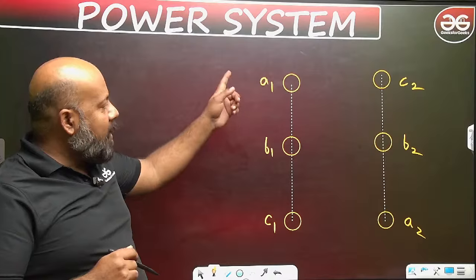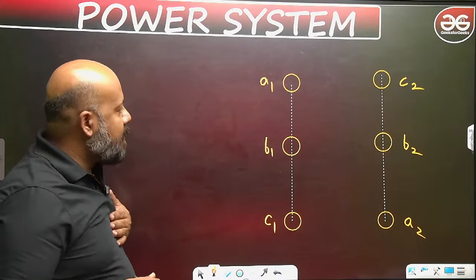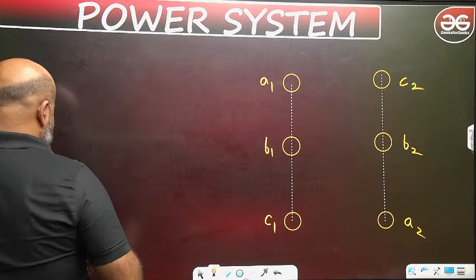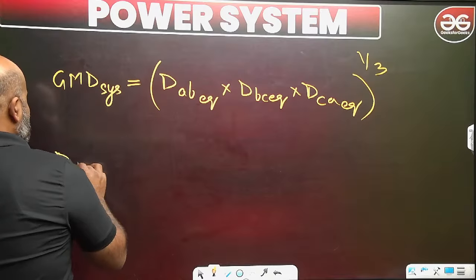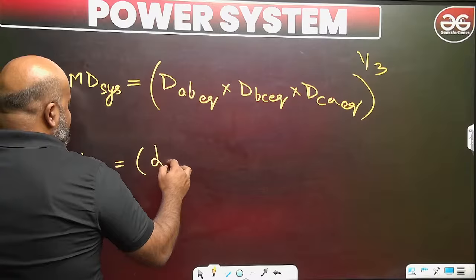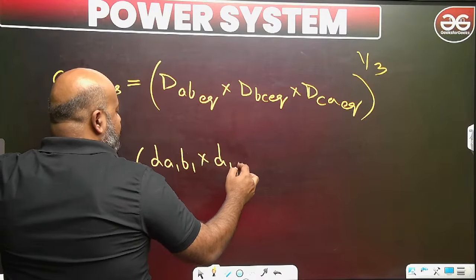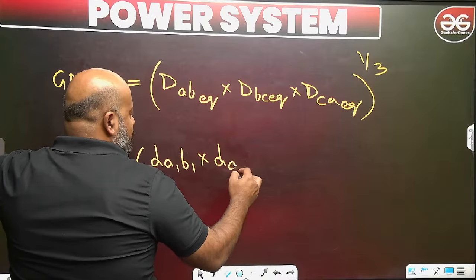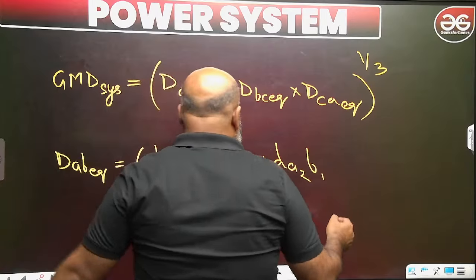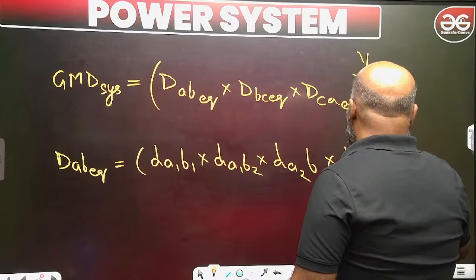A1, A2 belong to the same phase but in two different circuits. So what is the meaning of DAB equivalent? DAB equivalent says the distance between A1, B1, A1, B2, A2, B1, A2, B2.